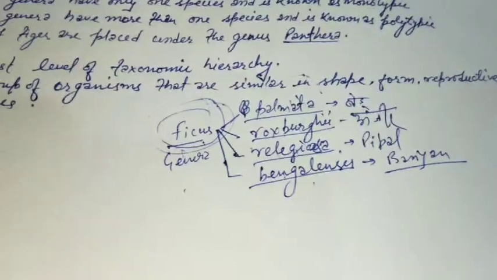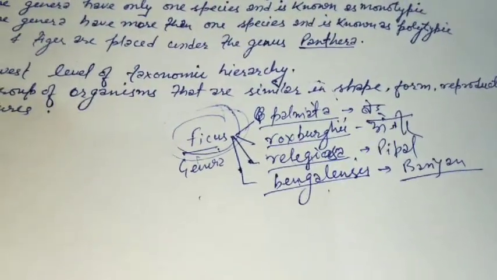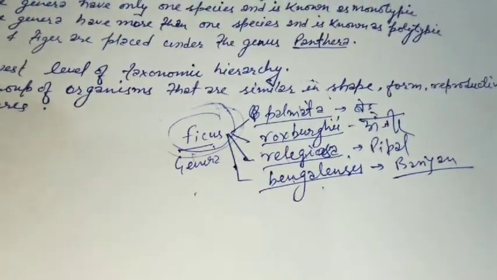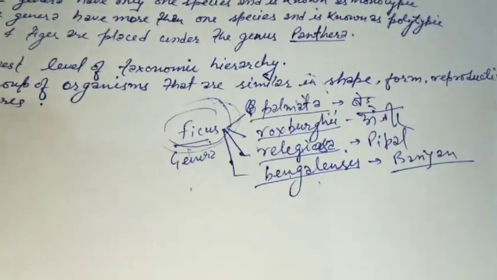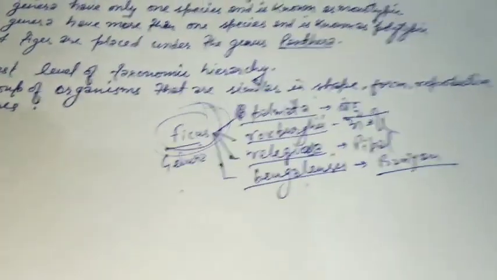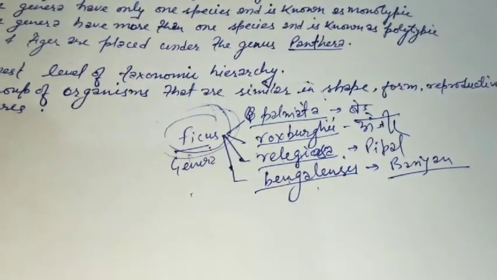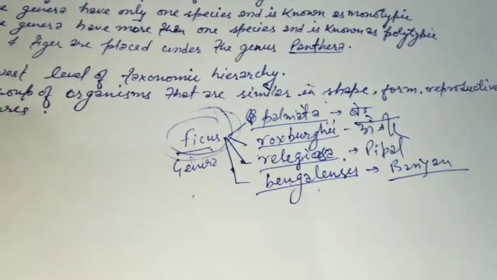Onion belongs to family Liliaceae, while potato belongs to family Solanaceae. The scientific names of both these plants, the genera and the species, are also different. The scientific name of onion is Allium cepa, while the scientific name of potato is Solanum tuberosum.